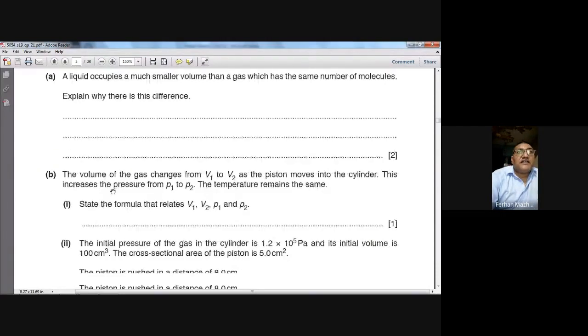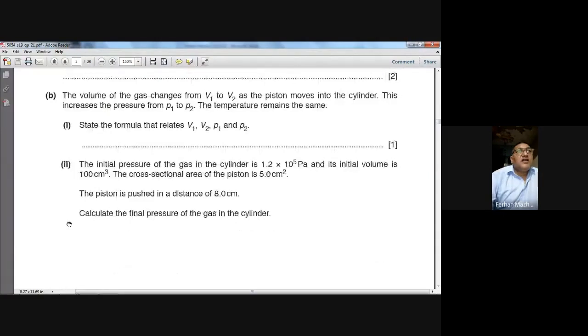Okay, B part. The volume of the gas changes from V1 to V2 as the piston moves into the cylinder. This increases the pressure from P1 to P2. The temperature remains the same. So there are two very important things he's talking about gas. He's changing volume, the pressure is changing.